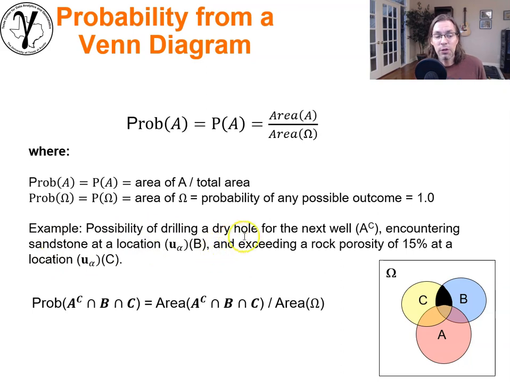The probability of drilling a dry hole in the next well, that could be a complement, because A was drilling a well that was not dry, a producing well.